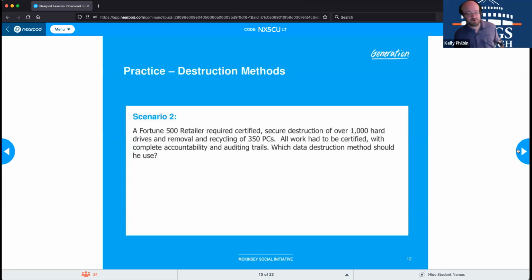I'm looking for a particular word in this one. Incineration? Yeah, so incineration would work, some form of physical destruction of the device, so they can get that certificate of destruction for the audit trails. Just doing a low level formatting, typically you're not given a certificate of destruction. So this is an absolute guarantee the data is gone, physical destruction, and you receive that certificate for auditing trails. Good guess though, Stephen.